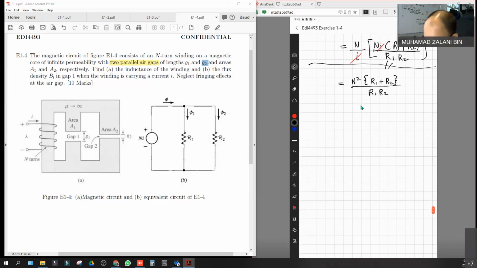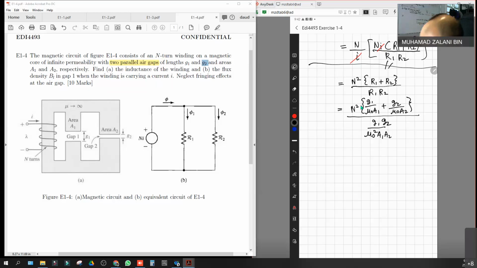So we can just substitute that, which makes this equation more complicated, which is G1 over mu naught A1 plus G2 over mu naught A2, over mu naught square A1 A2 over G1 G2.